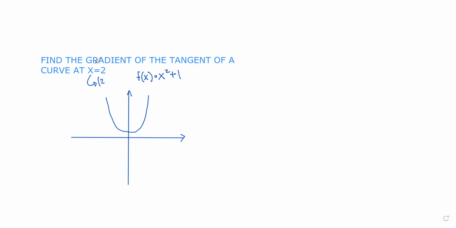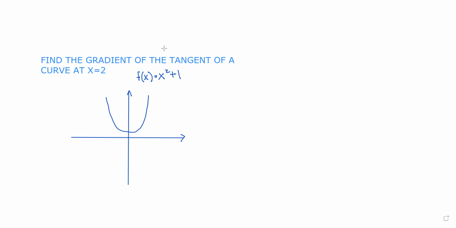To start this exercise, let's see what it means. First, we have to find the tangent at this given point. Remembering the definition, the tangent is a line that touches only one point of a given curve.